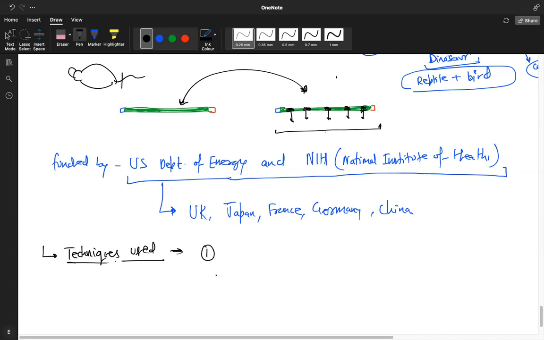So first, if you have to figure out all the genes that code for RNA, there is one way: you can directly do it through the RNA. If you can find out all the RNAs that are expressed, that are transcribed, then it is clear that RNA is transcribed from a gene only, right?